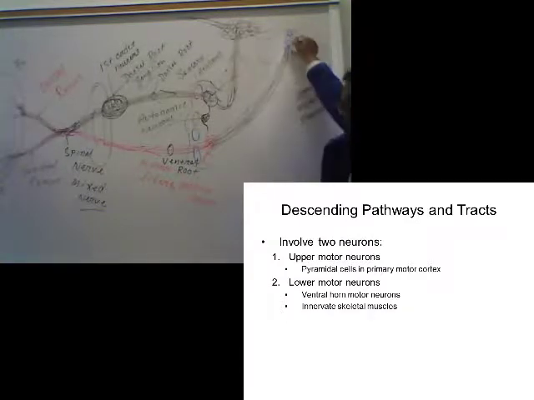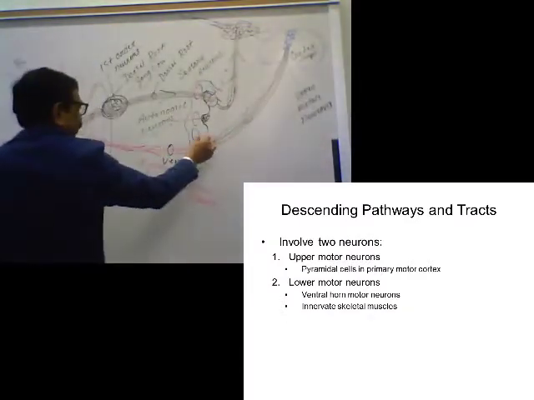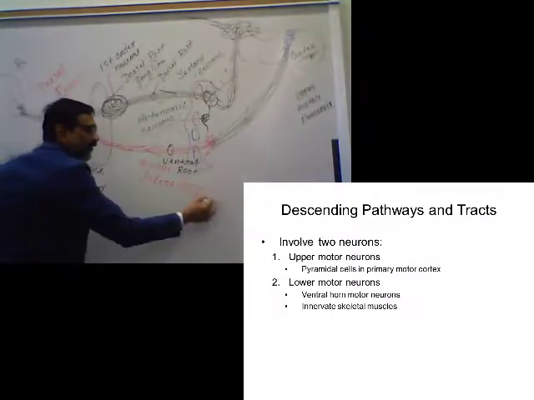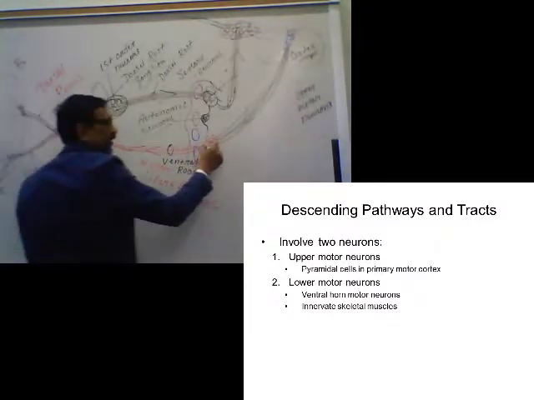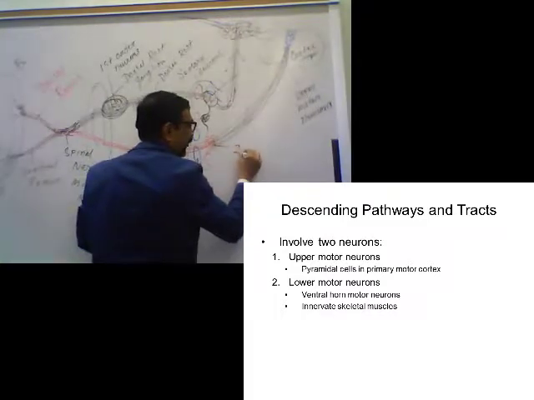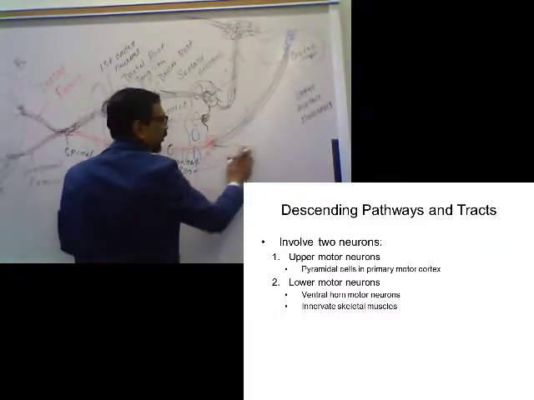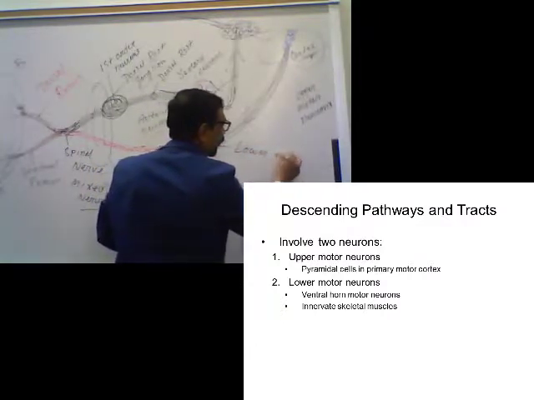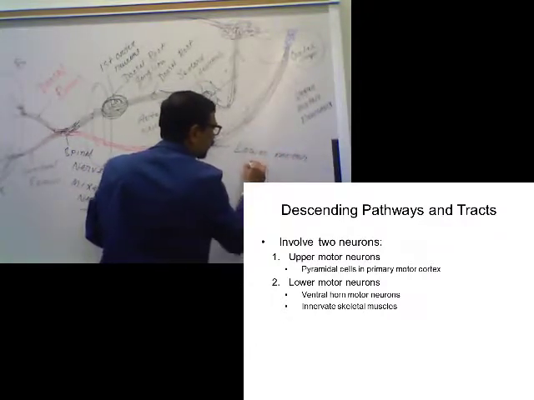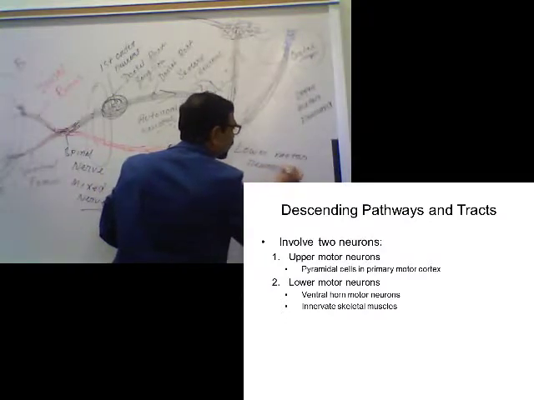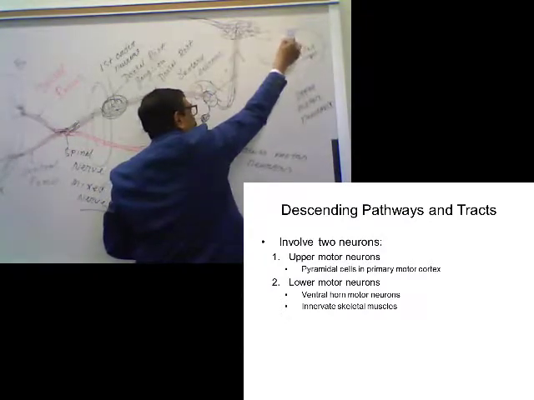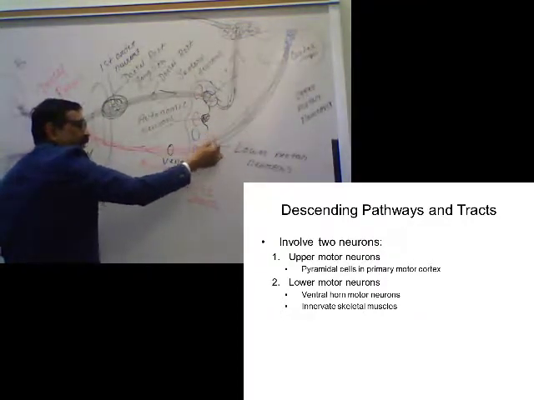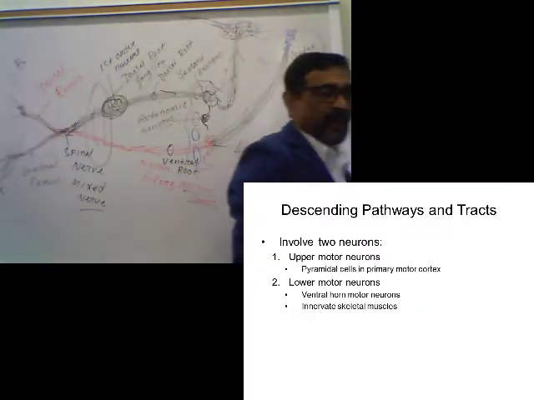From the upper motor neurons, the signal will go here to the ventral horn. You already know these are the motor neurons. So these are second, or lower, we use lower motor neurons. So upper motor neurons in the cerebral cortex and lower motor neurons in the ventral horn of the spinal cord.